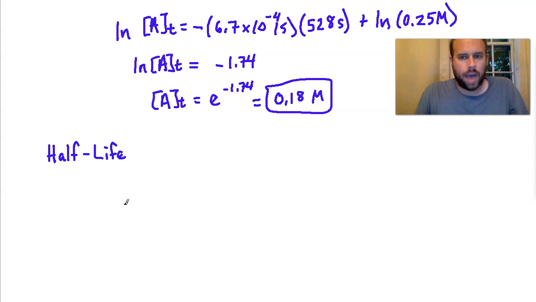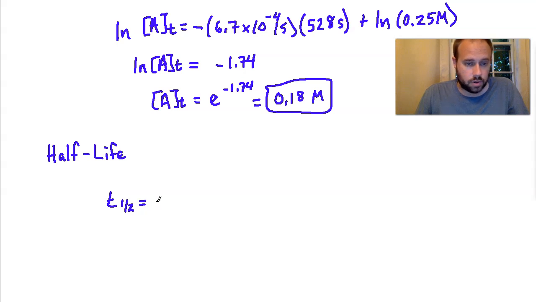Okay, so half-life is going to be different for the types of orders that we have. So in the case of a first order reaction, the half-life equation is T 1/2, meaning that'll be the time for half of the concentration to leave. Remember, it's not half time, it is the amount of time for half the concentration to dissipate.